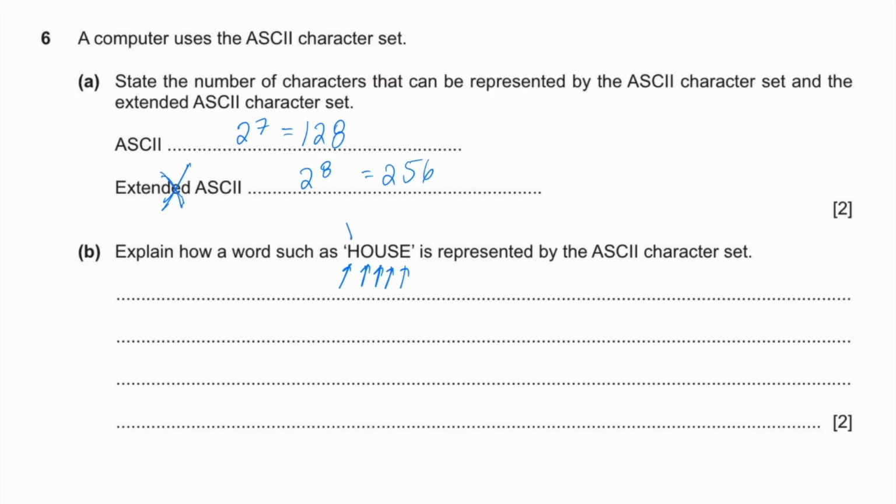So we'd find the 8 bits that correspond to H and store that, and after that we would store whatever corresponds to O, and then U, and then S, and then E, and together that would allow us to represent house using ASCII. So find the correct bit combination for each character, and then put those bit combinations in the order that corresponds to the order of the characters in that word.